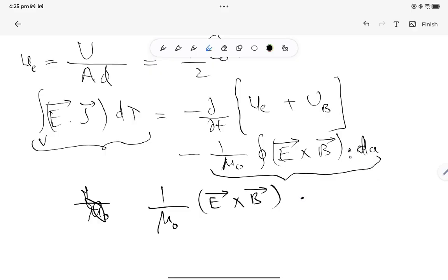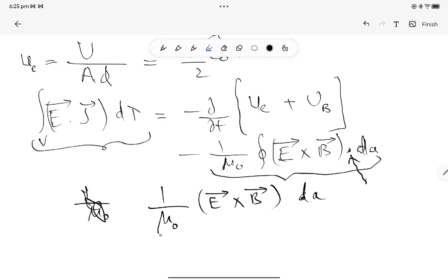Now, for a simple way of convincing you, I will consider this vector and dA parallel. If they are parallel, then E cross B dot dA can be replaced by E cross B dA.